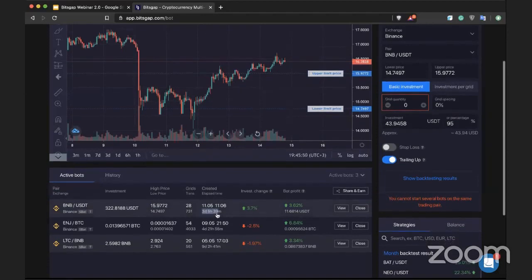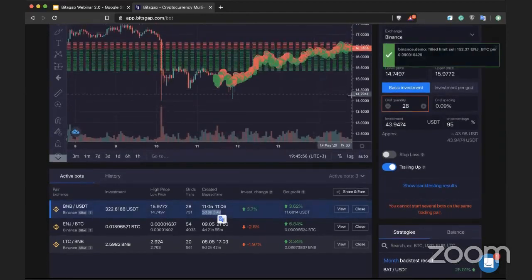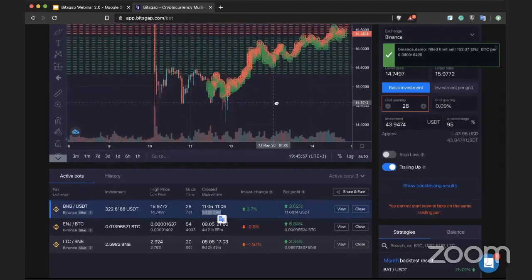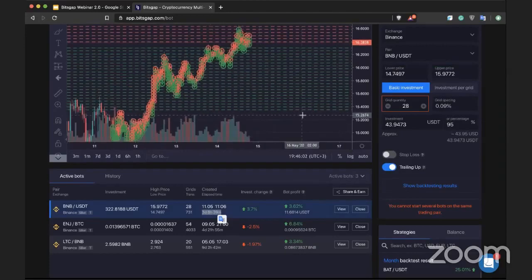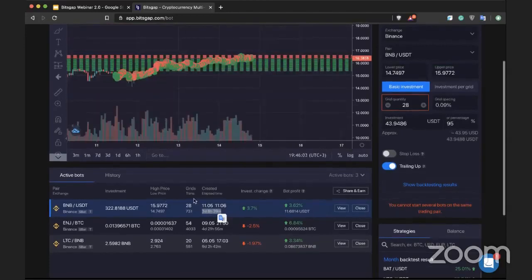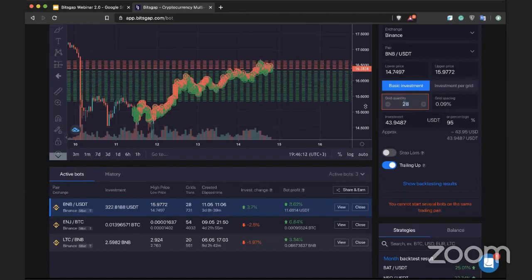In this case, it was 3 days and 8 hours. So I would generate much more profit if I had a more narrow grid setup. So in this case, consider closing the bot and reopening it with an optimized amount of grid levels.